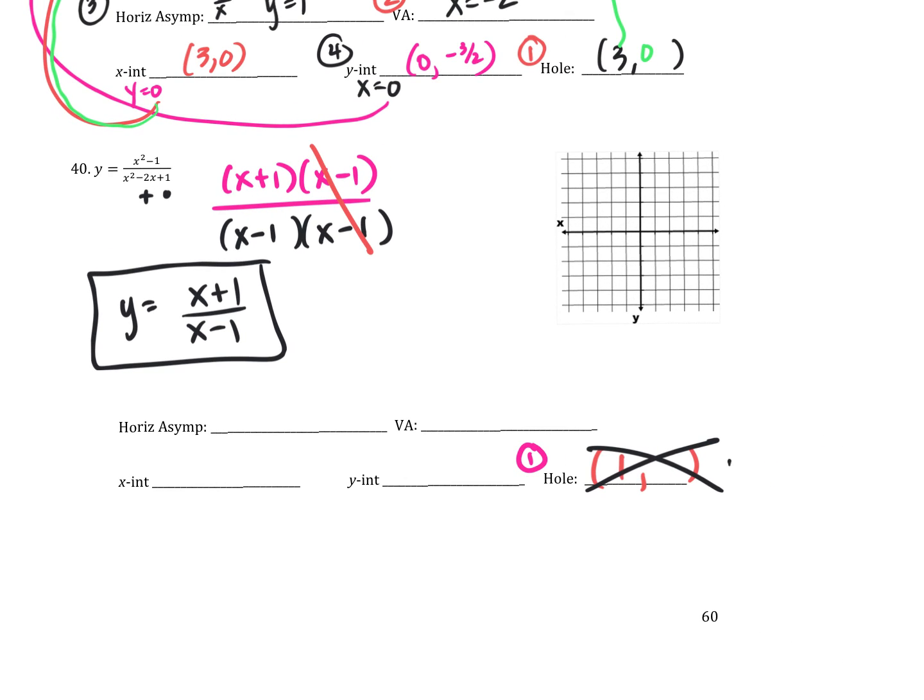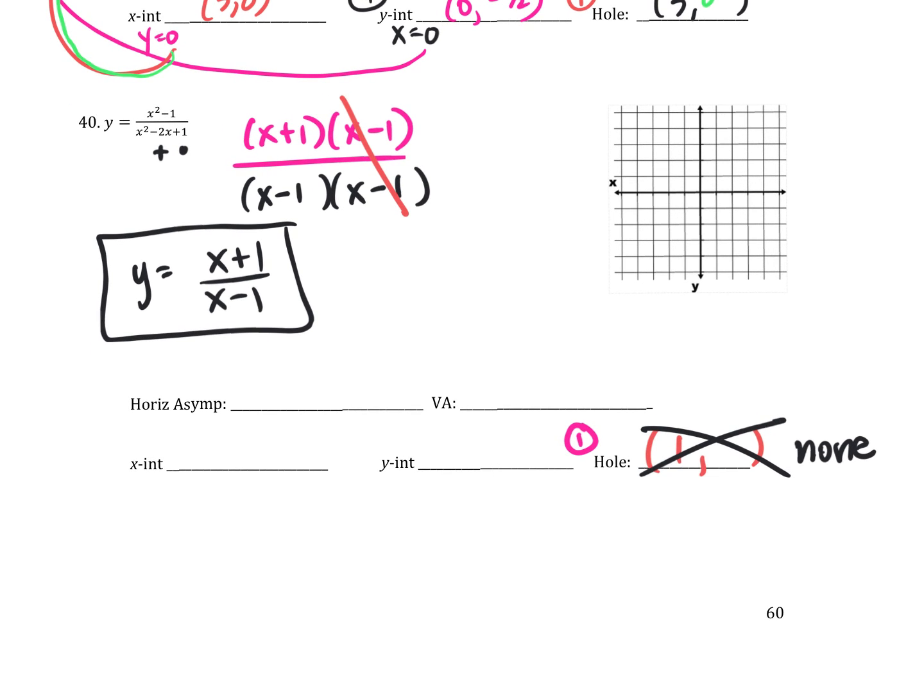No hole because we can't divide by it. And it's going to make sense in a second, like what just happened. Because to your point, we do have a common factor. But that next thing that we always look at is that vertical asymptote. The vertical asymptote is when the denominator equals 0. When does this denominator equal 0? When x is 1.